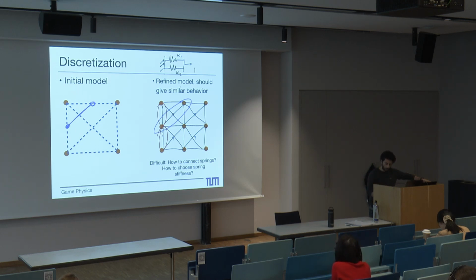Or if you have two springs in series, you can tell what is the equivalent spring resistance. However, in this case, these points are not connected only by those two springs, but there is an entire set of system, and there is no trivial way to do this.